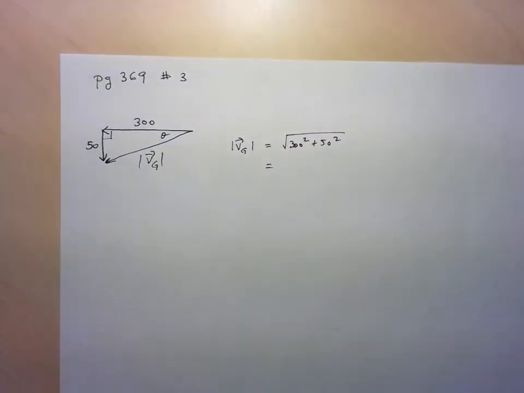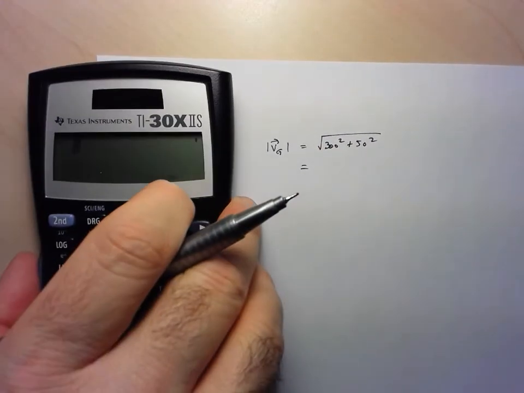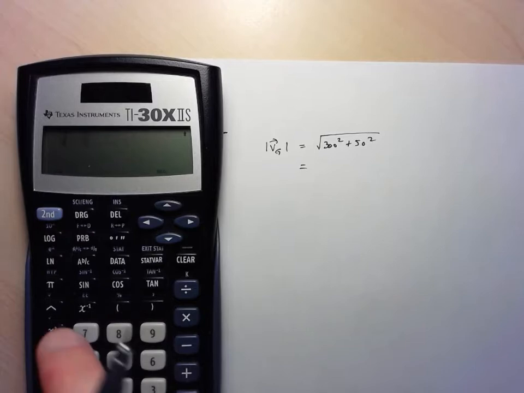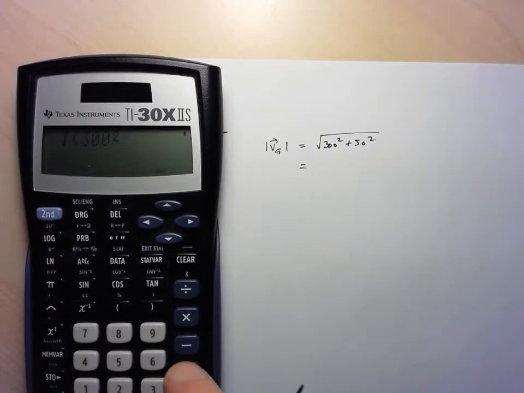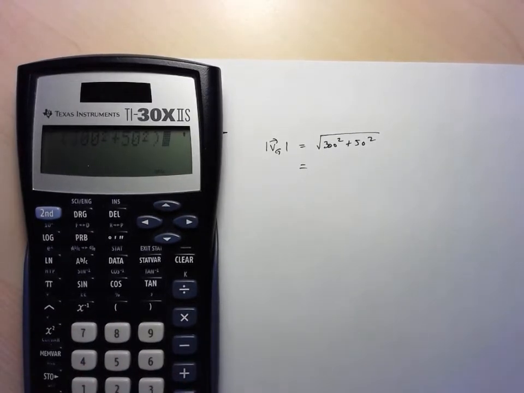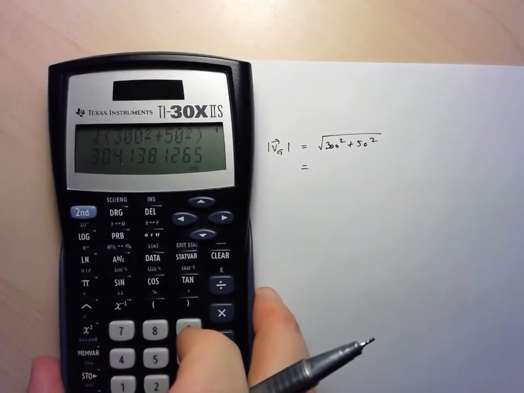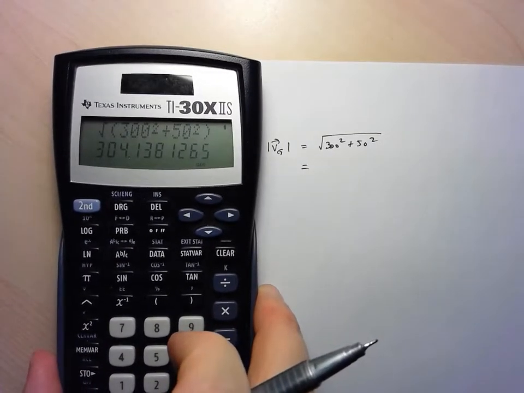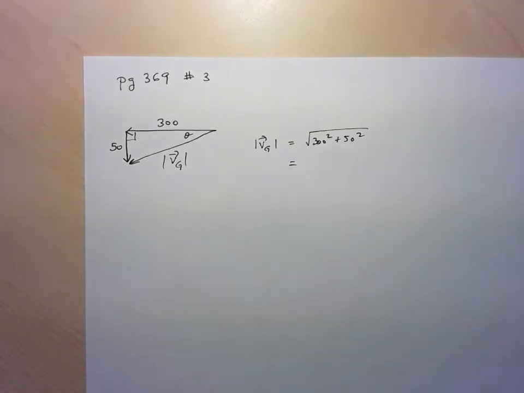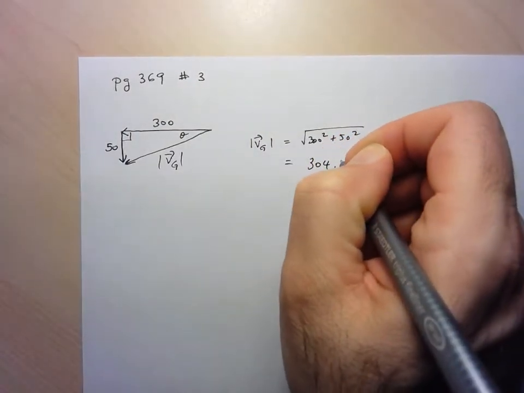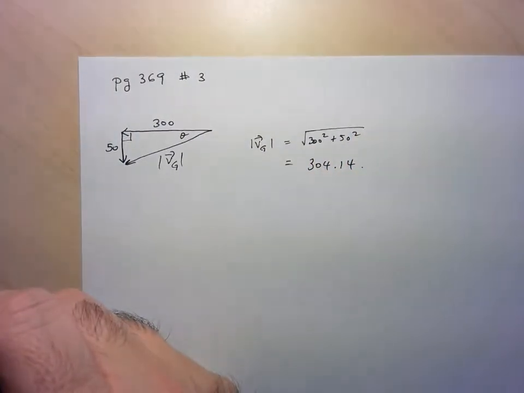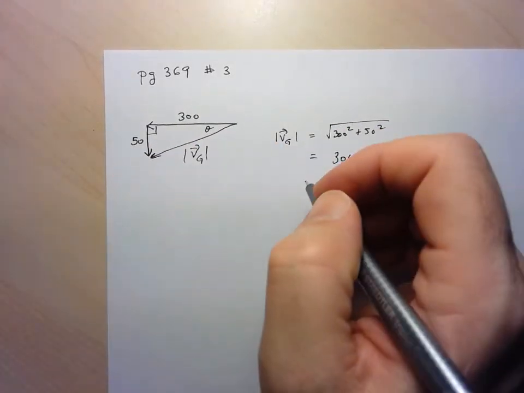Let's calculate that. Square root of 300 squared plus 50 squared, and that gives us 304.14. So there's our magnitude.